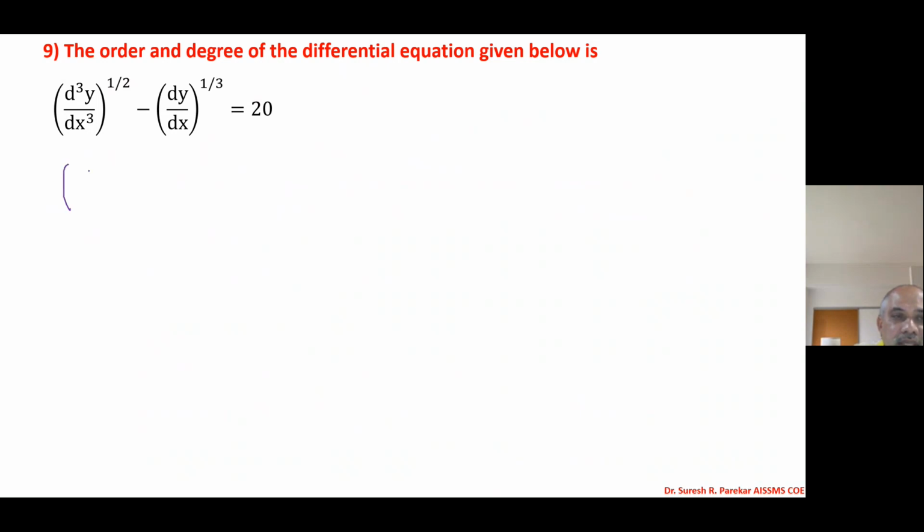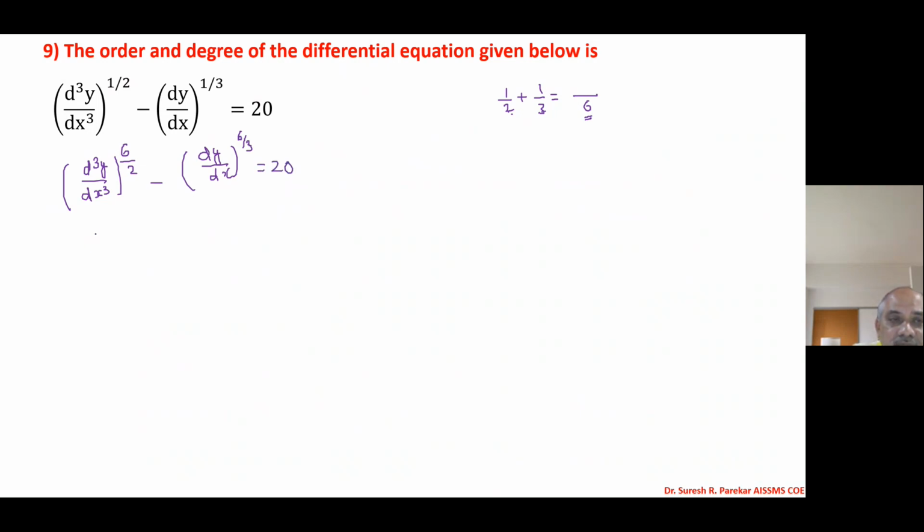Then I can have this as d³y/dx³. Now when we have it like this, we have to go for the LCM, which will be 3 into 2, that is 6. We will not go for the upper part, we are interested only in the bottom. So I will have 6 upon 2 minus (dy/dx) 6 upon 3, which is equal to 20.